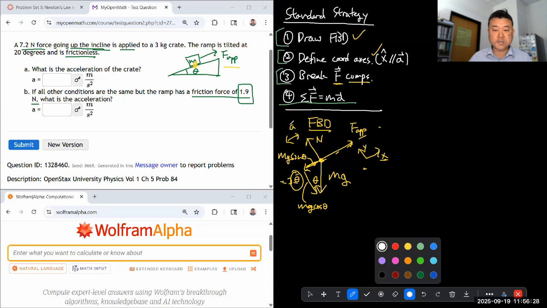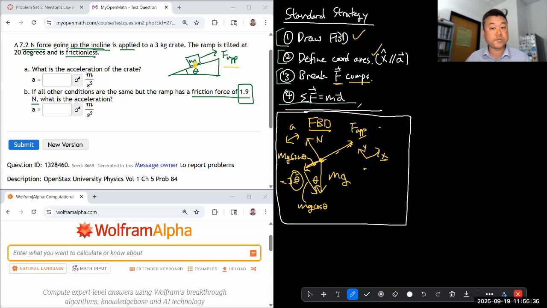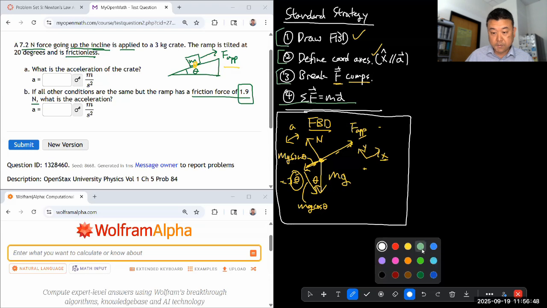And finishing steps 1 through 3 results in this annotated free body diagram, which is really the resource you are now going to use for step number 4, really quickly, as a matter of simply reading off the information that's annotated in this free body diagram. So let's write down step number 4. So net force in the x direction.